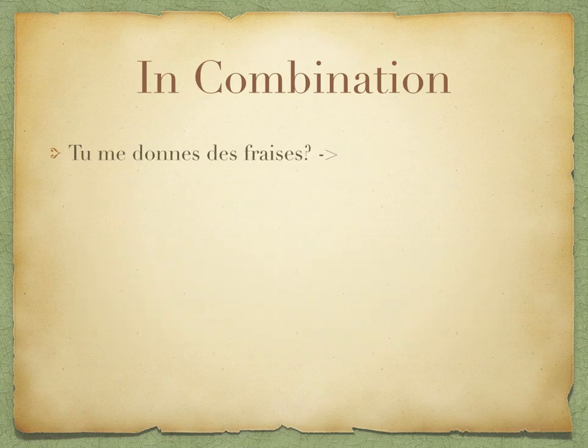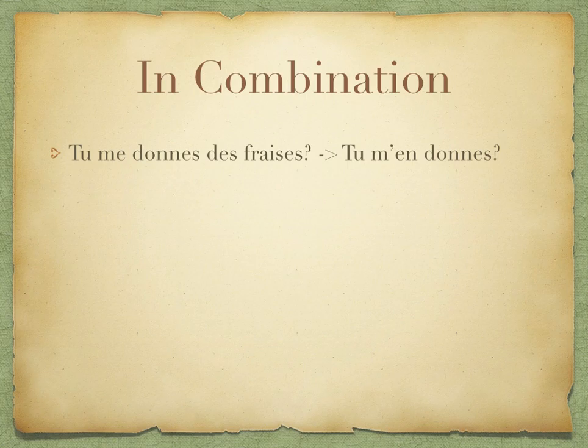So let's practice with these. How would you put tu me donnes des frais into a double pronoun sentence? We already have one. How would you include the en into that? Tu m'en donnes.